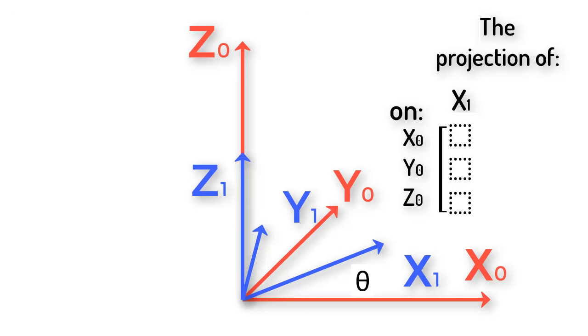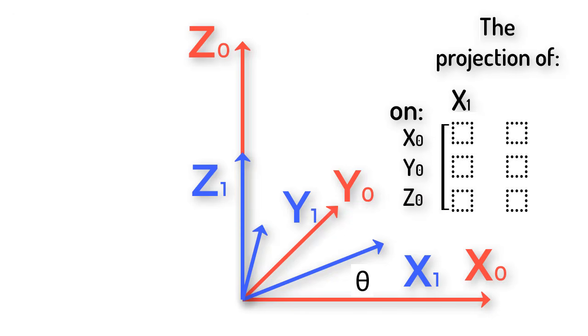Now, I'm going to make another column next to this one. In this column, I'll write down the projection of y1 on x0, the projection of y1 on y0, and the projection of y1 on z0.